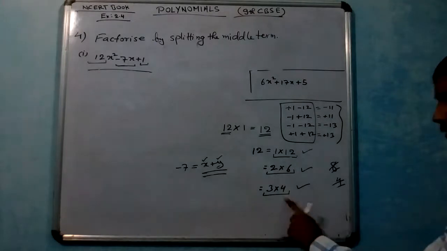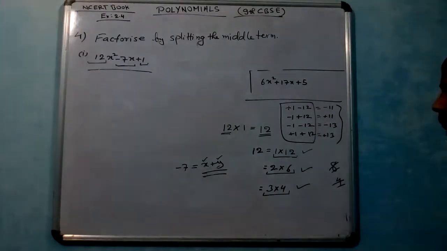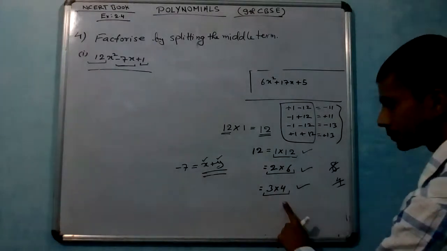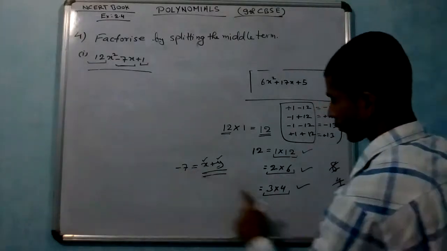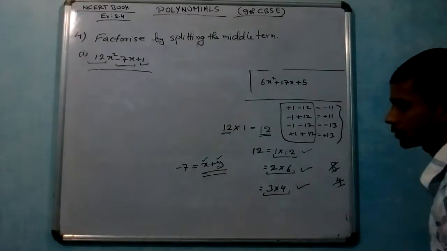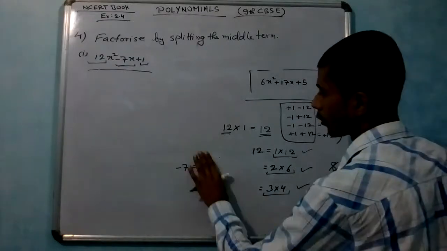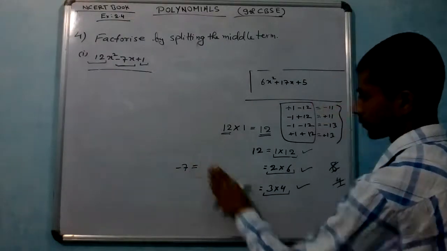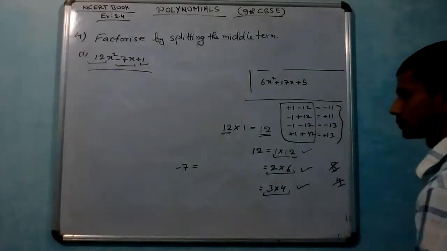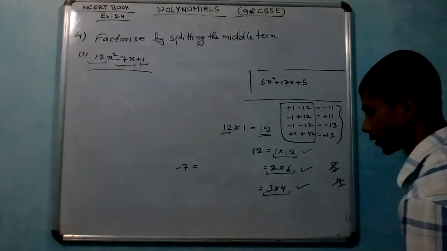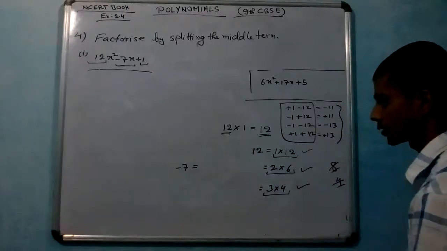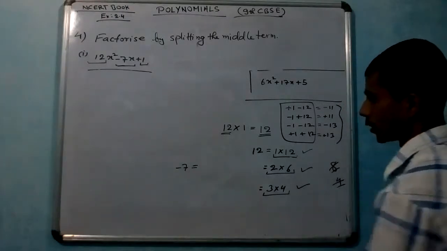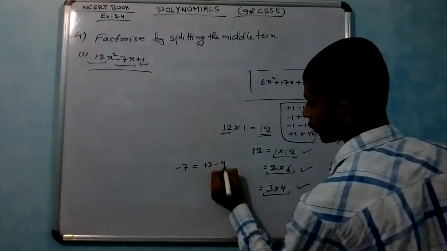Here 3 plus 4, 7 we are getting, okay. And what we actually want is minus 7. So how can we make minus 7 from this? Only addition and subtraction. Plus 3 minus 4, so how much will it come?